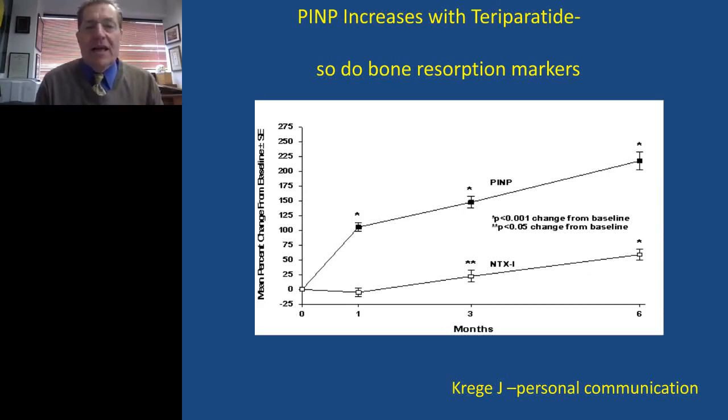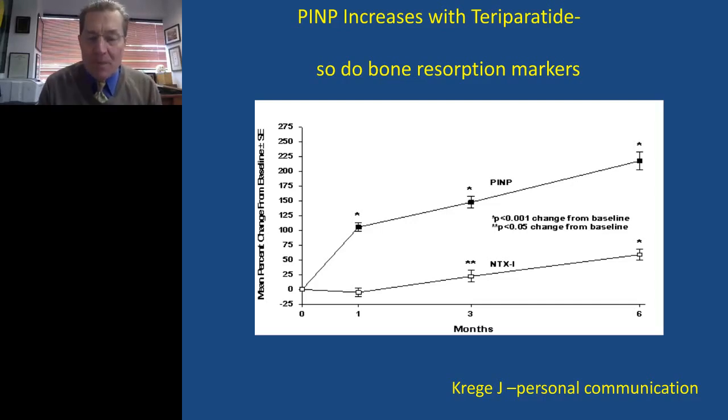This looks, again, at this whole biology. This is from John's slide that shows, again, the increase in the bone formation marker with teriparatide, even at month 1 after starting.